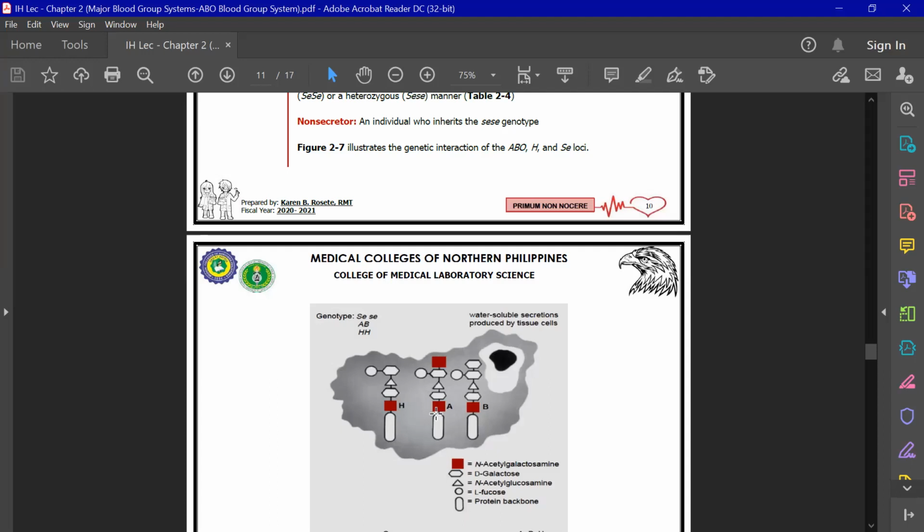Akala ko, that would be the H structure. H ang tinatanong mo. Yeah. So for the formation of your A and B soluble antigens na class, ang magiging precursor structure mo na dyan ay yung H soluble antigen structure. So Ria, may we hear from you?